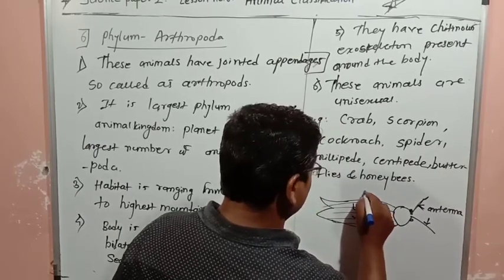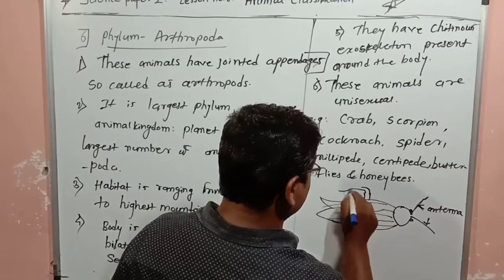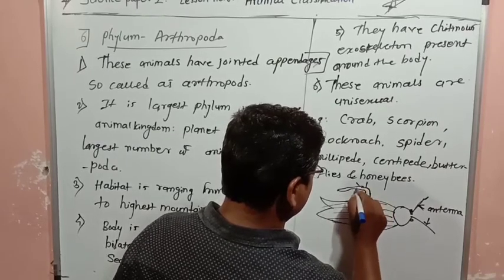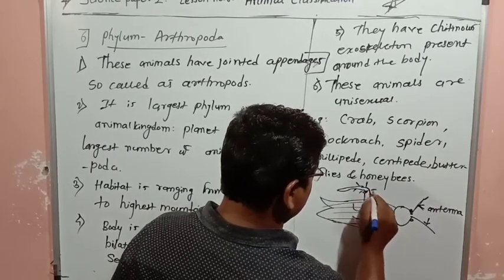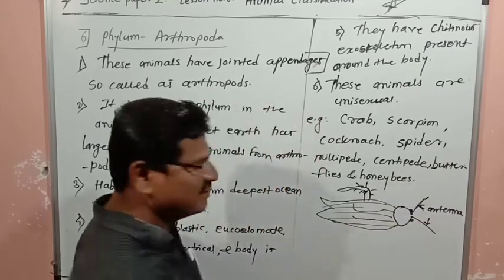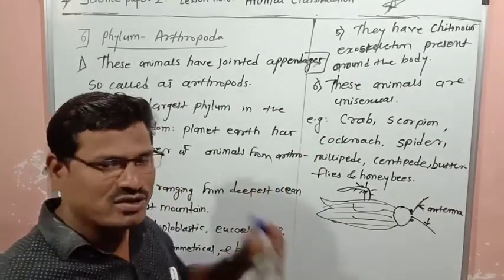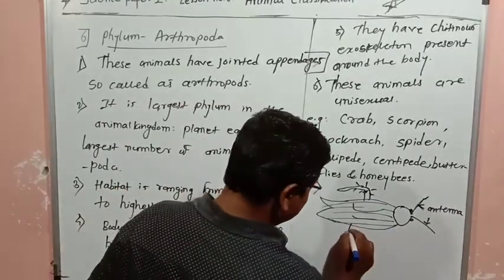Here you will draw legs. A cockroach has 6 legs.